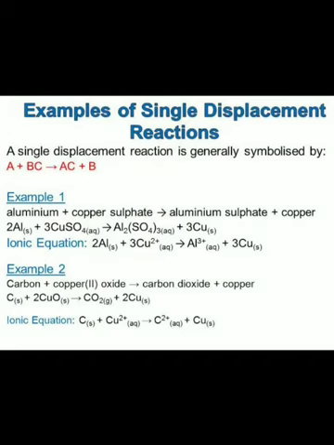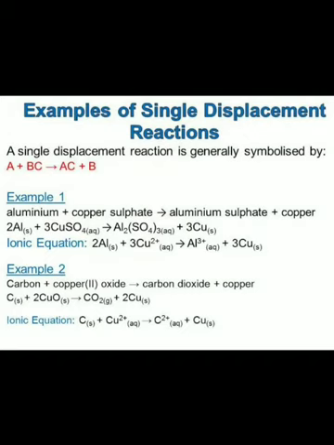The next one is displacement reaction, that is single displacement reaction, and the formula is A plus BC gives rise to AC plus B. Displacement reaction means a reaction in which an element or radical replaces another element in a compound.